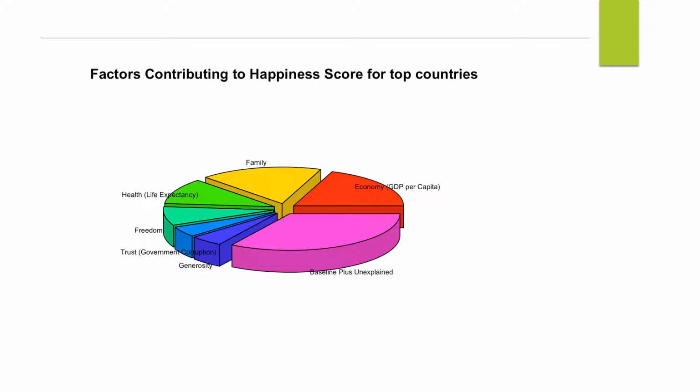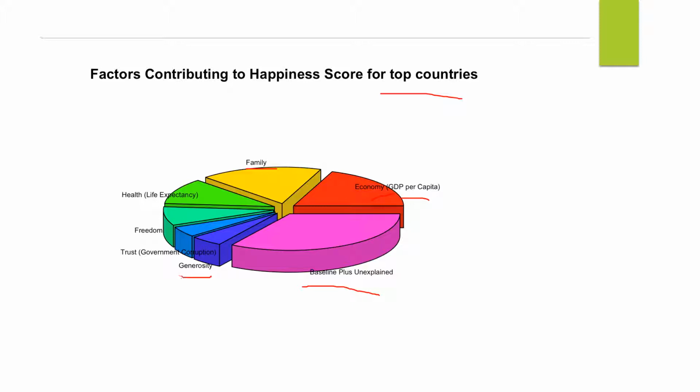This one is for the high happy score countries. As we can see, the biggest part is the unexplained factor, then the economy, the second is the GDP, and the third is the family.